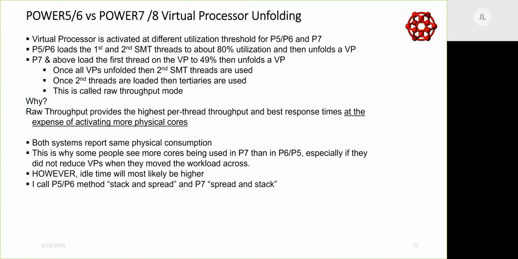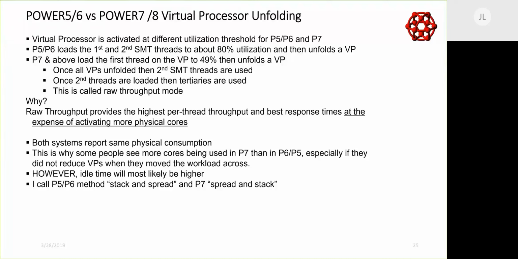And so everything would get focused onto 1 core. And the way that it allocated the threads, it would load the first thread to about 80% utilization, the second thread to about 80% utilization, and then it would unfold a virtual processor. So it was very common if you looked at an NMON to see virtual processors folding and unfolding.